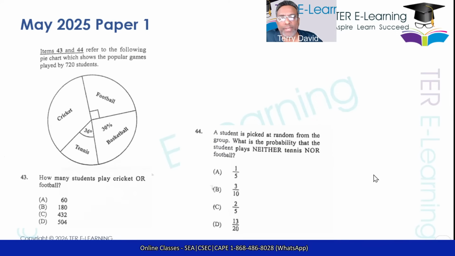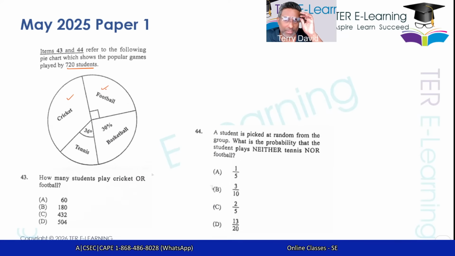All right, for this one here, how many students play cricket or football? So first of all, we have 720 students, and you want to figure out how many students play cricket or football. So this is cricket, this is football here. So I need to figure out how many played tennis, and how many played basketball.